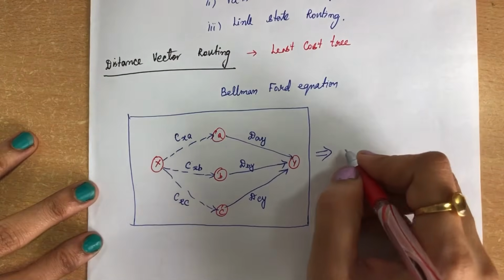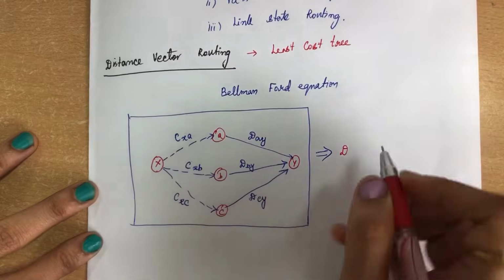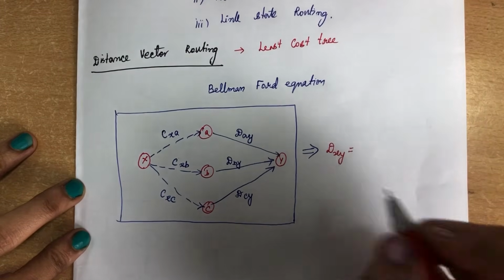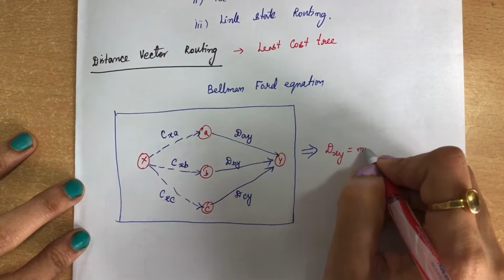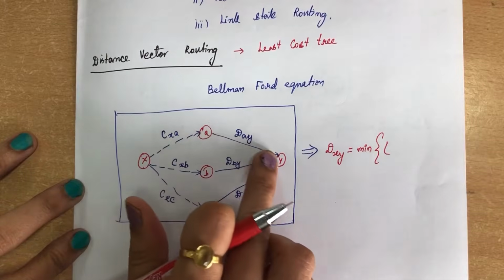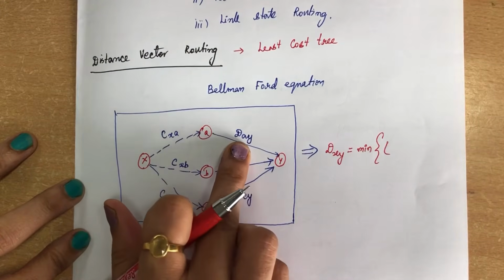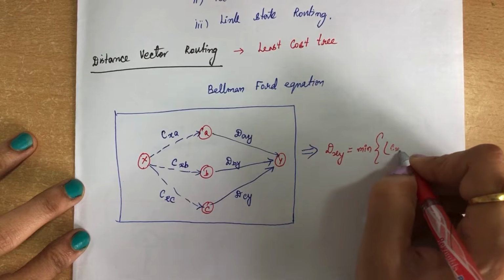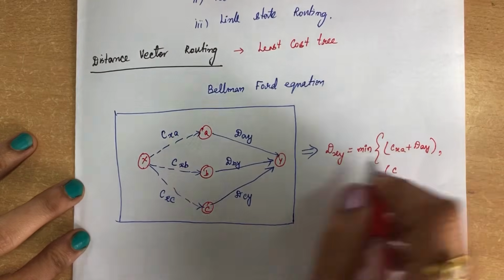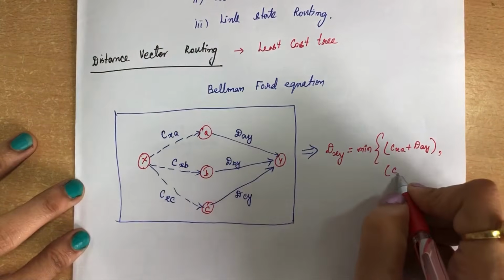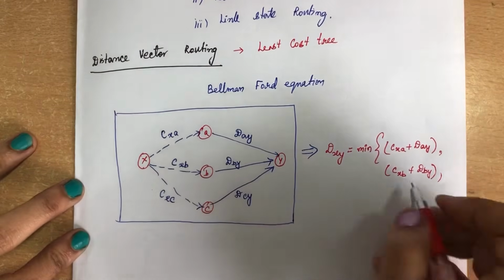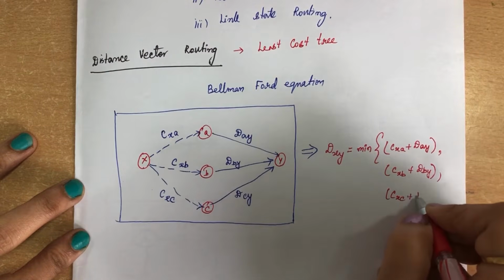The equation says that the shortest path DXY can be found as the minimum of: if you follow the first route, CXA plus DAY, or you follow the middle path, CXB plus DBY, or you follow the third path, CXC plus DCY.